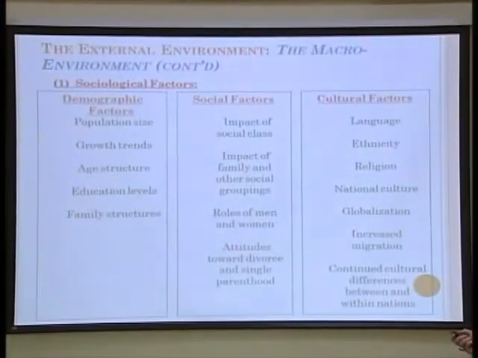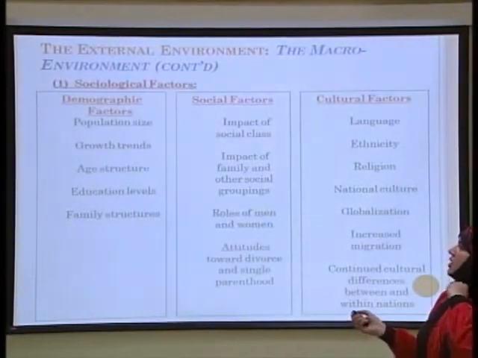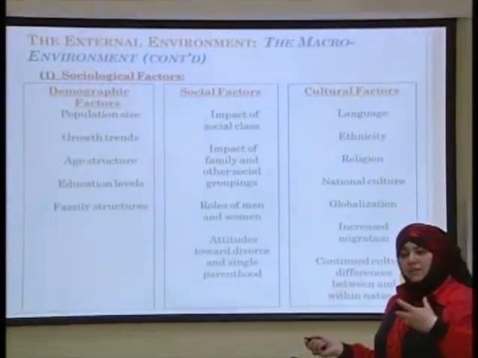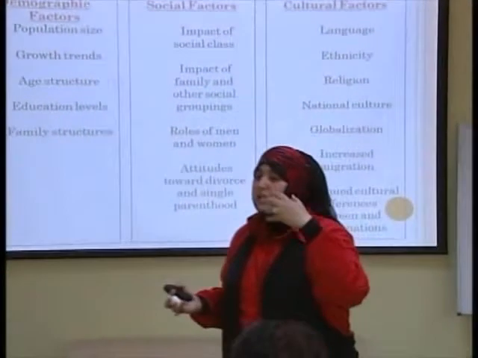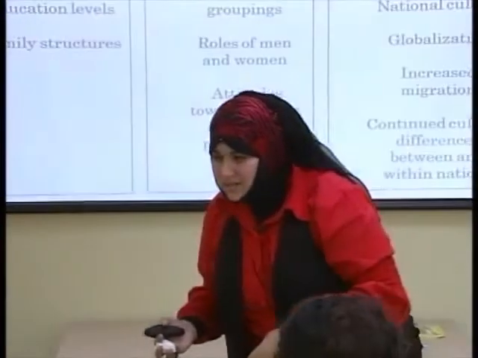Remember when you asked me about religion, it is usually included in cultural factors, and cultural factors are usually along with the sociological factors. Sociological factors are about the structure of the population.